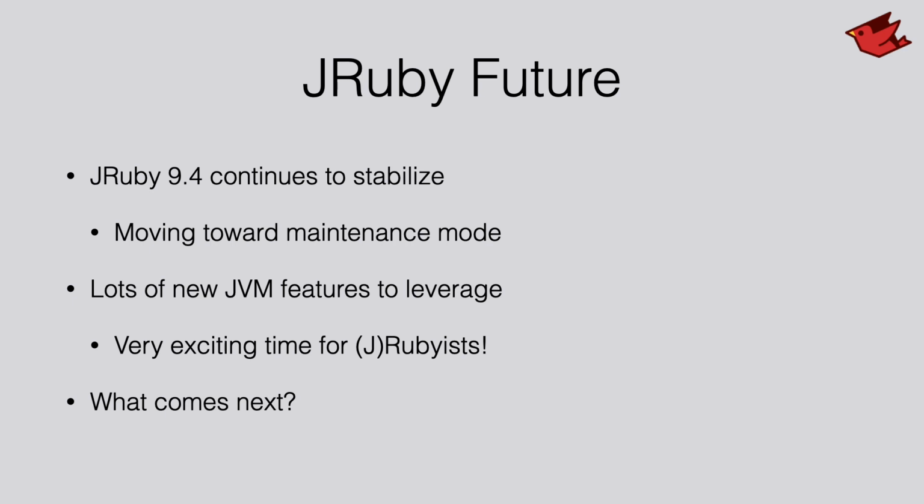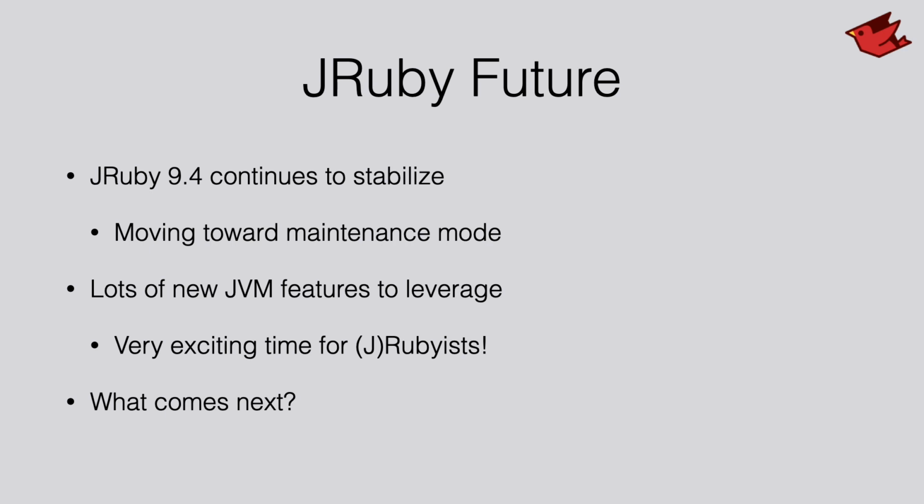There's lots of new JVM features that are coming out. I've mentioned Project Loom, Project Panama, Project Crac. There's also work on ahead-of-time compiling to speed up the startup time. There's work on adding new concurrency models built on top of virtual threads. So who knows what comes next?